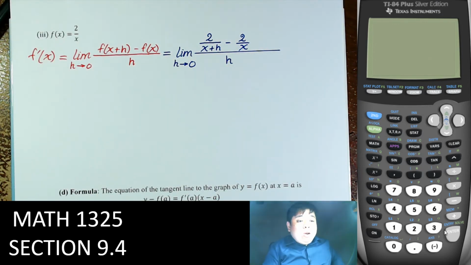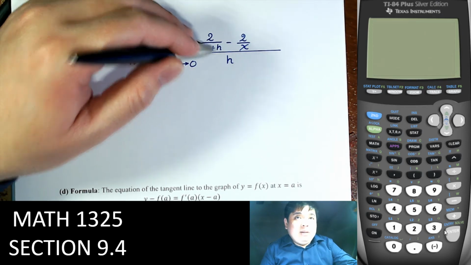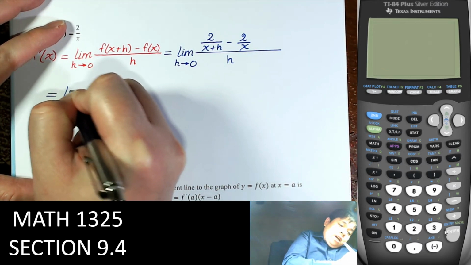Well, one way to do that is to find the common denominator, then add them and then divide the fraction. I will do it slightly differently.